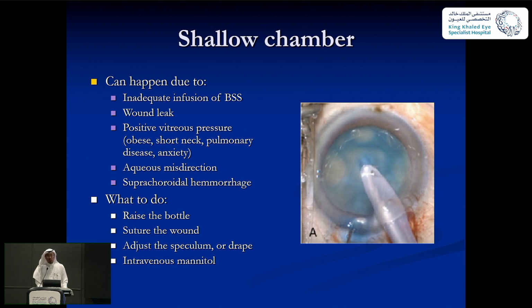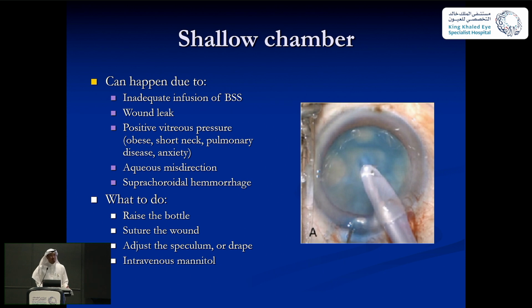If we accidentally extended the wound, in this situation, we can either raise the bottle more, or place one suture at the periphery of the wound to make the wound tight enough to have a closed chamber to work on. Third reason can be a positive vitreous pressure.